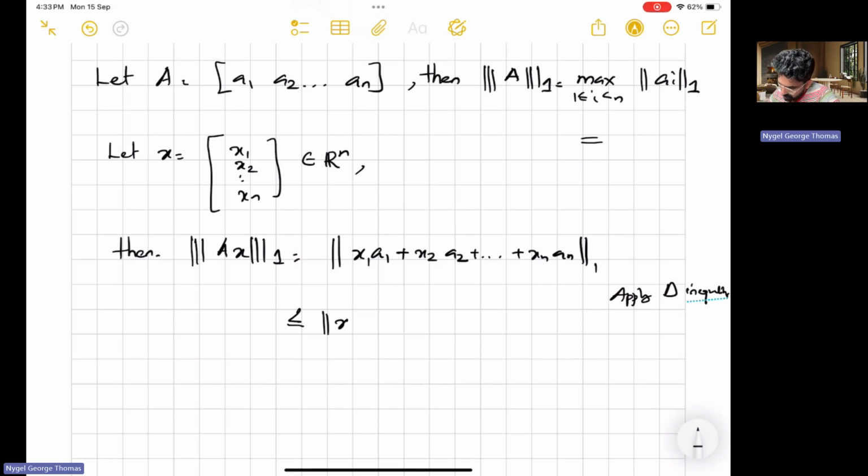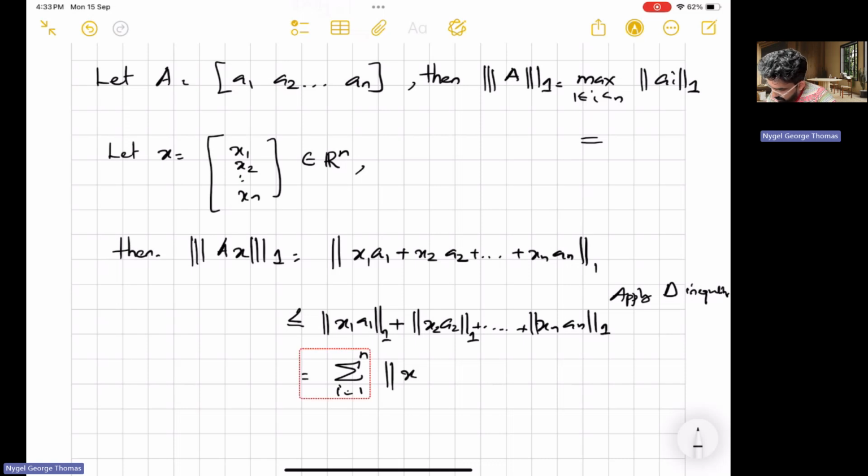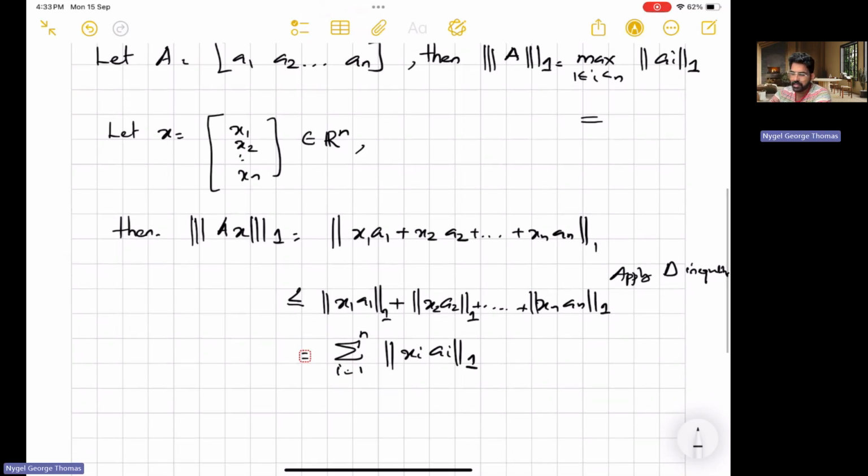So this is less than or equal to the norm of x1 a1 plus the norm of x2 a2 plus, etc., plus the norm of xn an. Let's write this more compactly as the sum over i equal to 1 to n of the norm of xi ai. This is just the triangle inequality. Since it's a valid vector norm, we can use the triangle inequality.